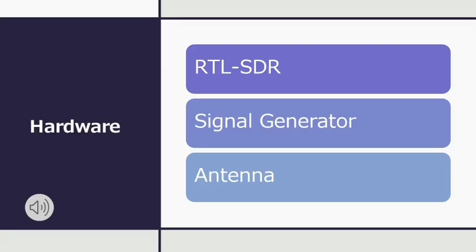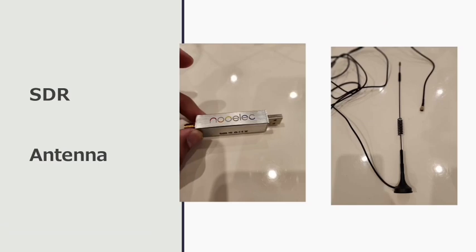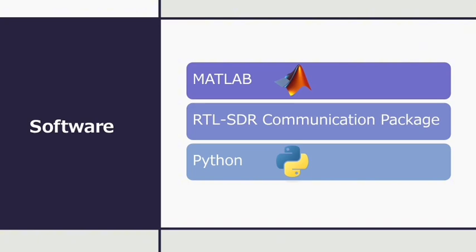On the hardware side, we use an SDR, signal generator and antennas to capture the signals. On the software side, we use Python and MATLAB to process and analyze the signals. Specifically, the Python script reads the IQ data, which is stored in a complex format by the SDR.